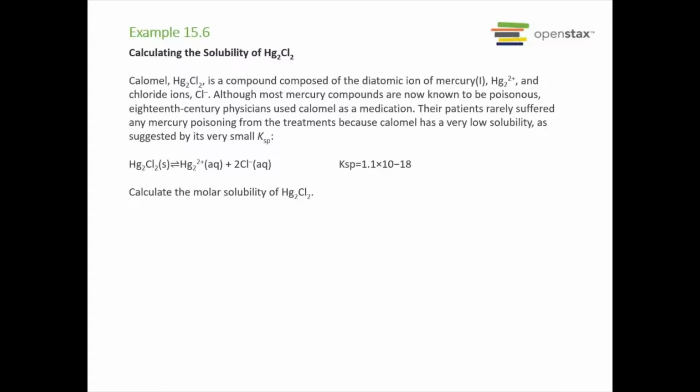All right. So we already have our balanced equation, which is nice. We can see there's a 1-to-1 relationship between everything. So we know that the molar solubility of Hg2Cl2 will be, it's a 1-to-1 between Hg2Cl2 and Hg2 2+. So that'll make our life easier. Let's go ahead and set up an ICE table.